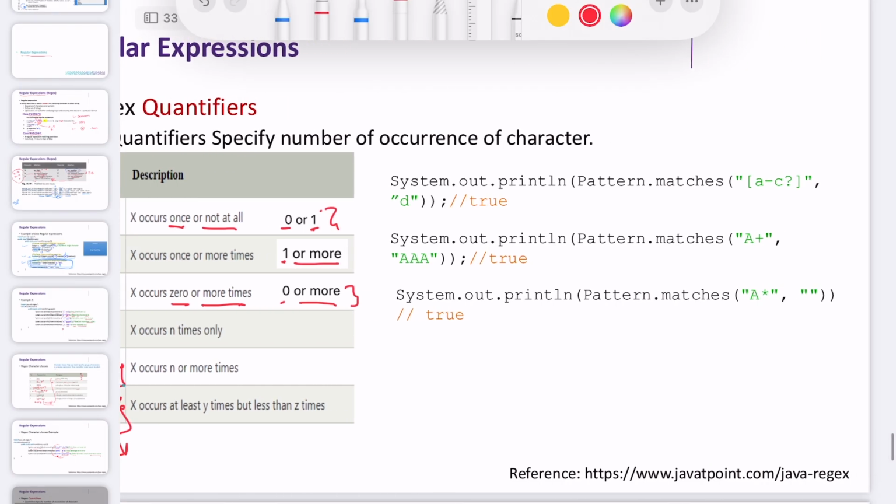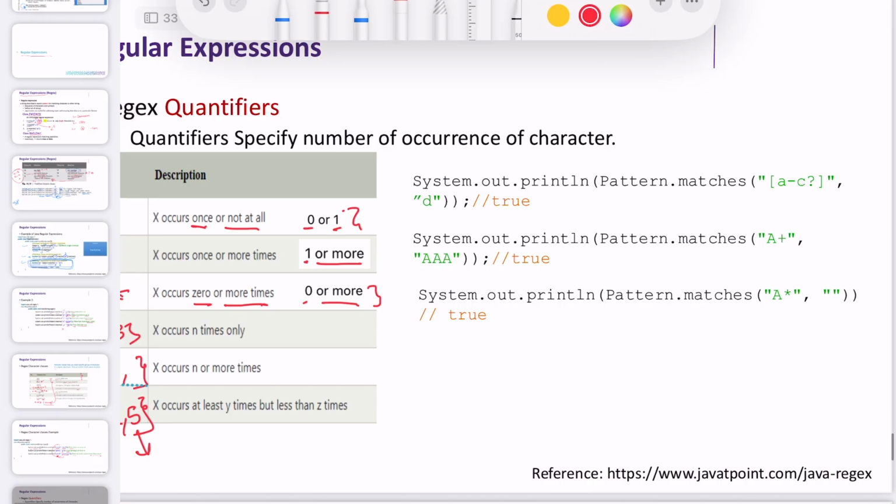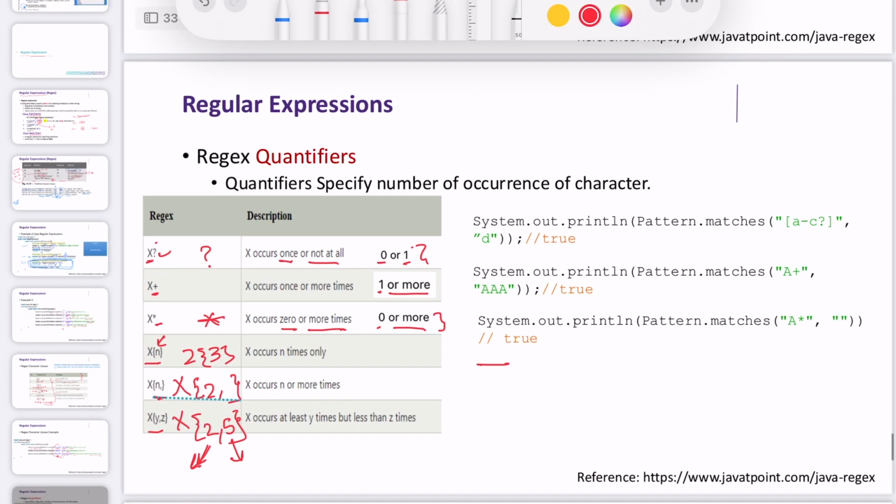Let's take an example and we will start this example from the last sentence. So here we're saying, please print for me System.out.print, Pattern.matches, a star, and this is an empty string. So does this string match this pattern?